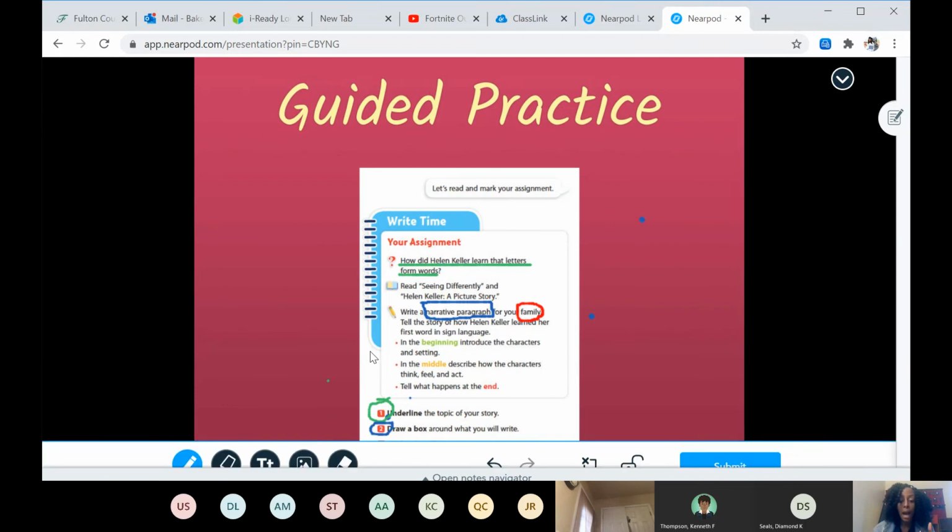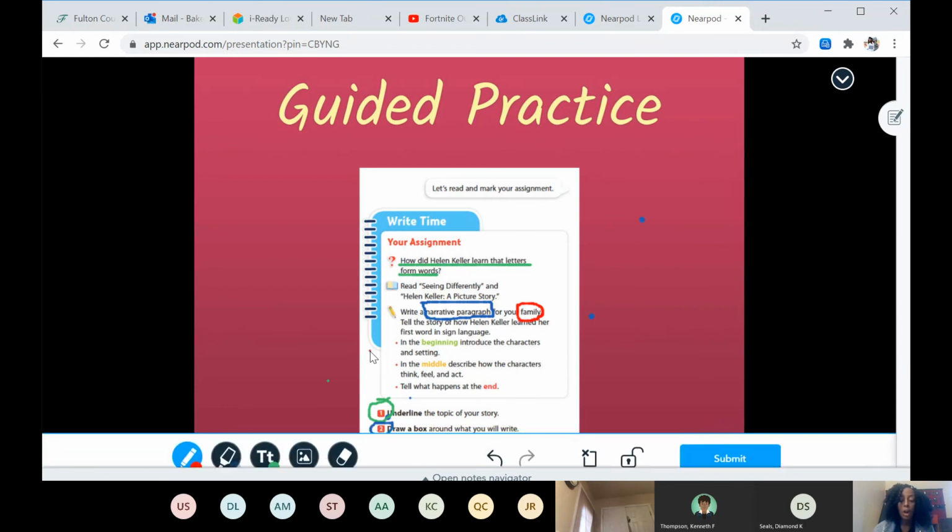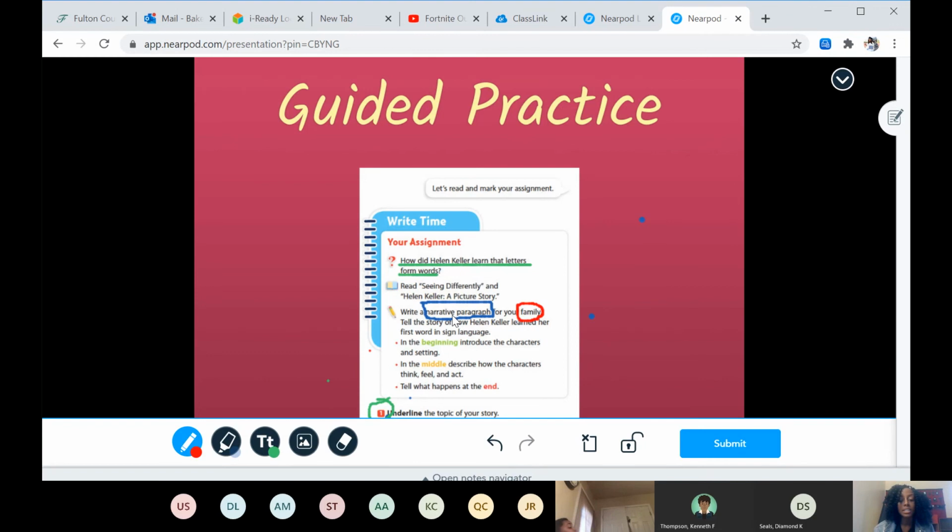We want to box the words around what type of writing, because sometimes it's going to be opinion writing, sometimes it's going to be informational writing, and sometimes it's going to be narrative writing. So that's why you want to box. So when you see narrative writing, that means you know, okay, you're about to write a story. You're going to make up a story on your own.